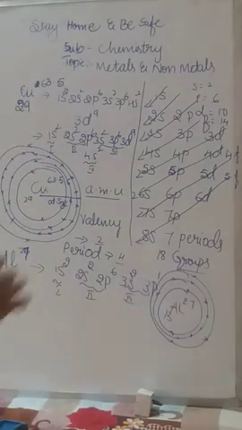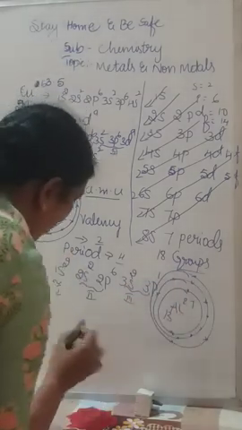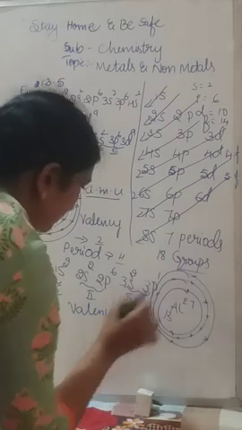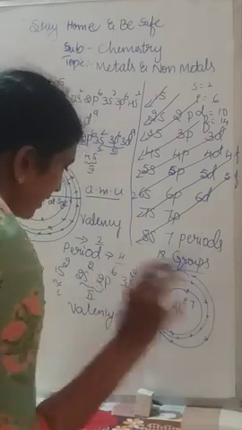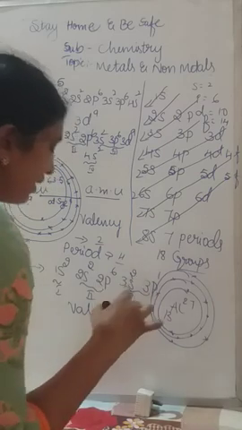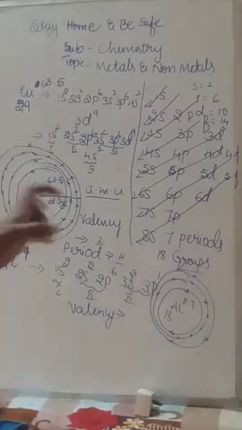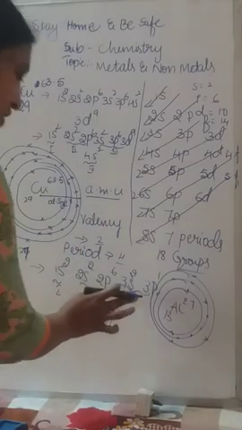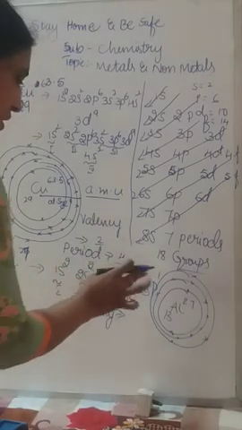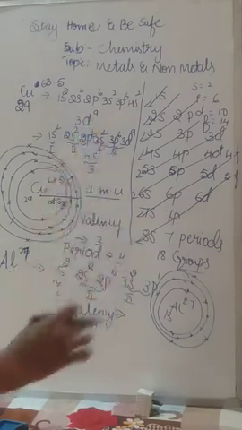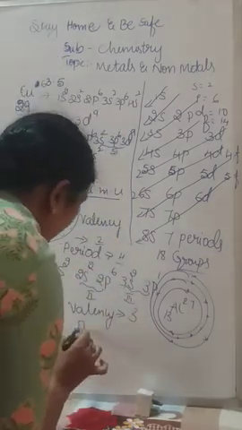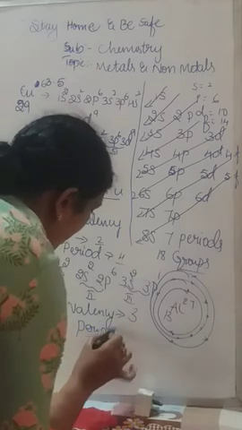So this is the atomic structure. The valency is the electrons present in the last orbit. This is the last orbit, the third orbit. How many electrons are there in this? 2 plus 1, 3 electrons. So that's why the valency is 3. And the period is the last orbit number.